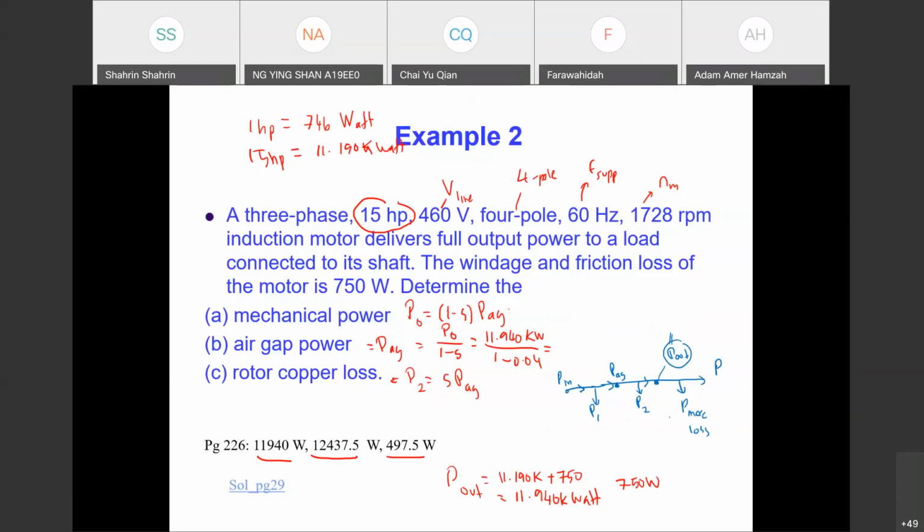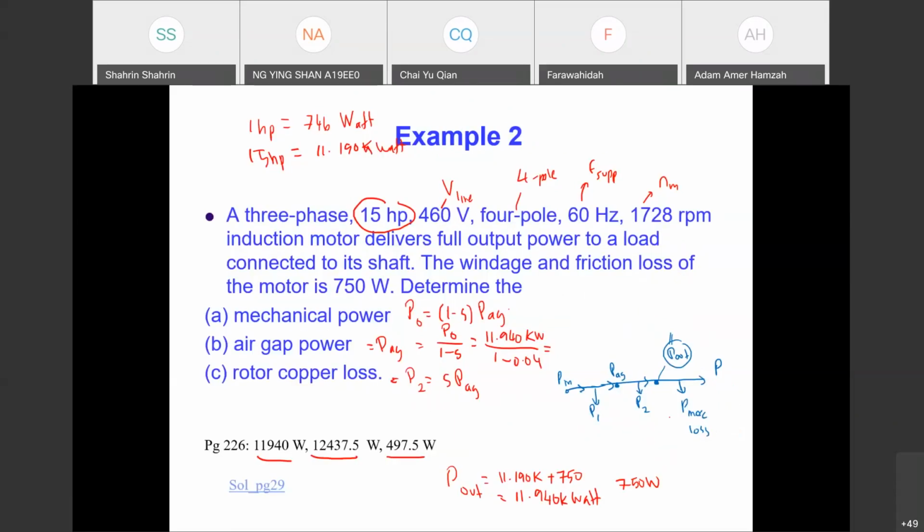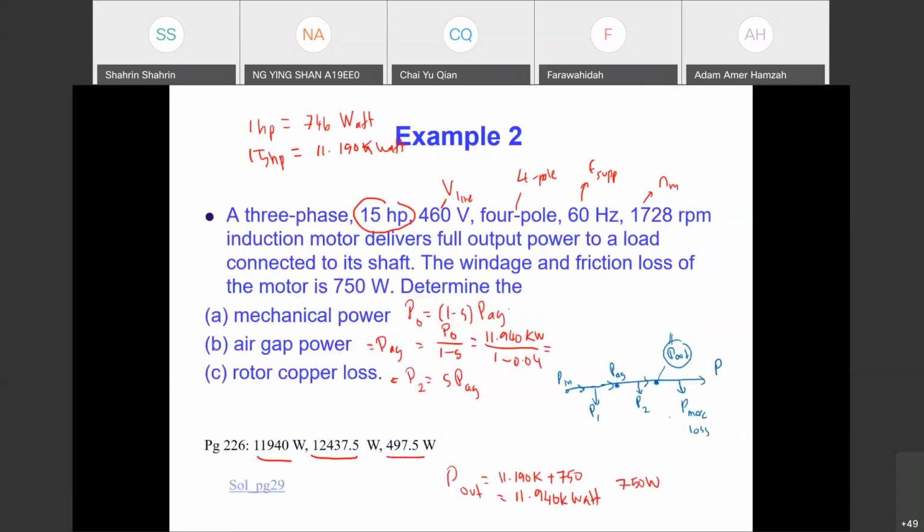So I think that's all for today. It's enough for you to first digest the equivalent circuit, and then the power flow. As mentioned earlier, the calculation is not involved. Only the equivalent circuit and also the power flow are involved.